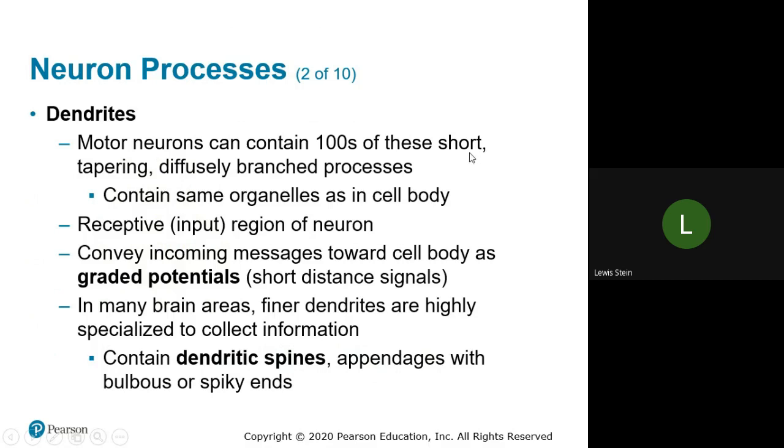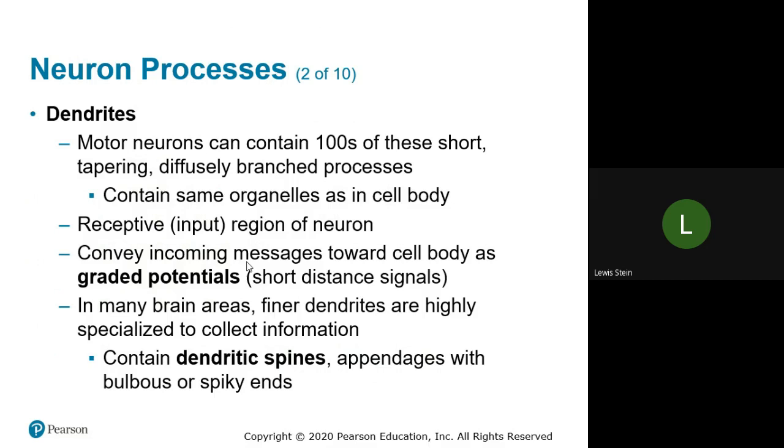So there are hundreds of these short tapering branches that branch again, with the same organelles as in the cell body. When you're having transmission, there are abundant mitochondria, because this is very energy dependent, of course. And remember, we used the term end plate potentials. Now we call these graded potentials. That's the terminological distinction.